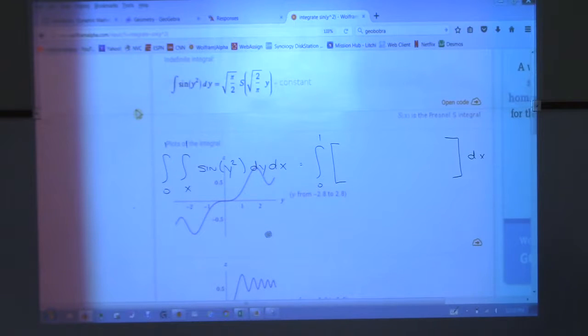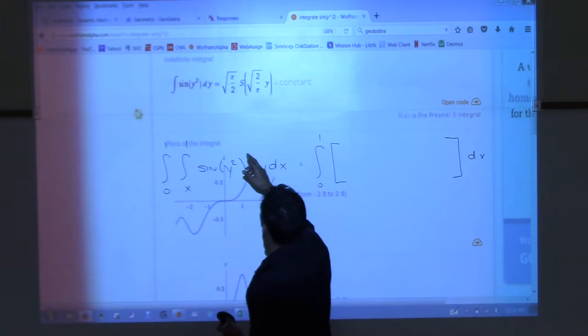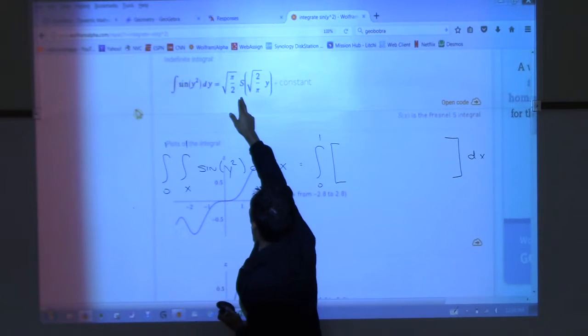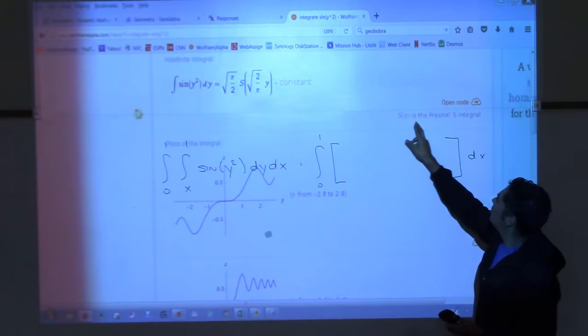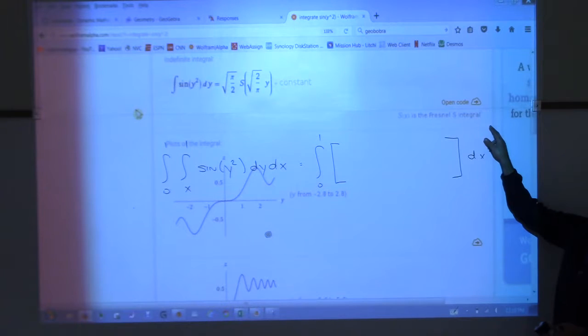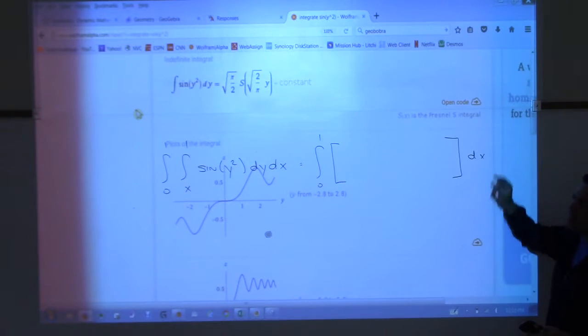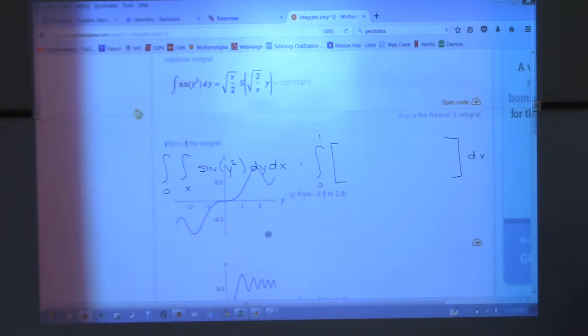The answer is square root of pi over 2, then capital S of square root of 2 over pi y, where capital S is the Fresnel S integral, which of course we all know what the Fresnel S integral is, right? No. This basically means no go, okay? It's not integrable.